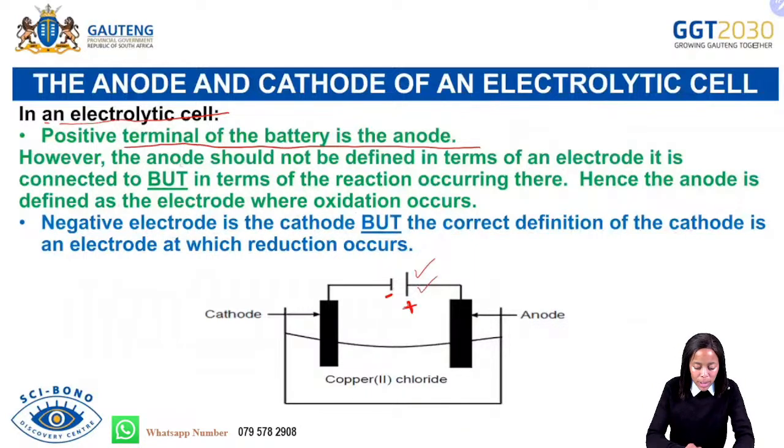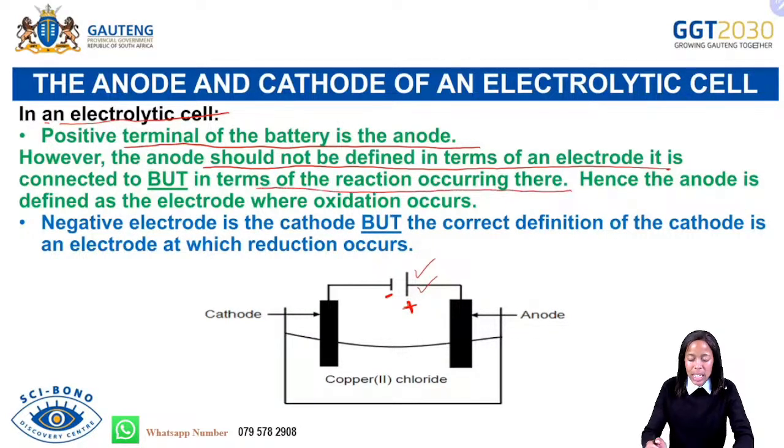Then it says, however, the anode should not be defined in terms of an electrode, but it should be described in terms of the reaction that is occurring there. So what is it that we know about the anode? Hence, the anode is defined as the electrode where oxidation will take place.